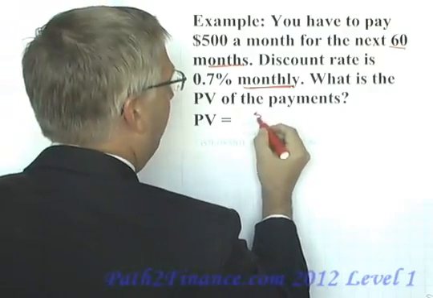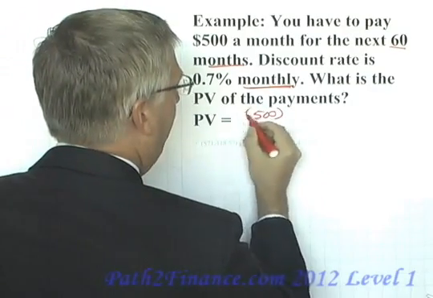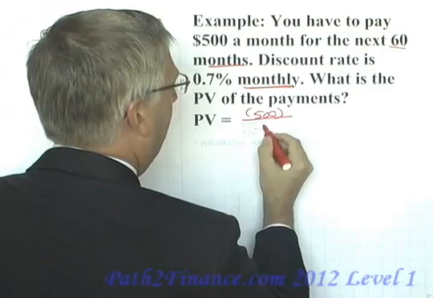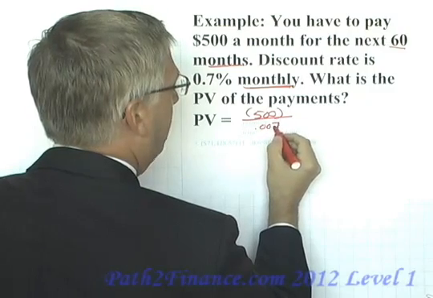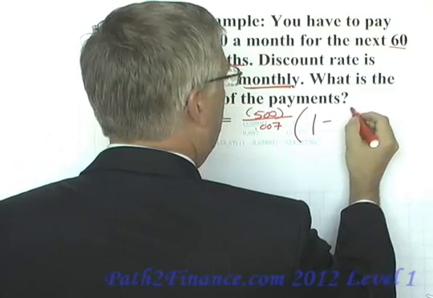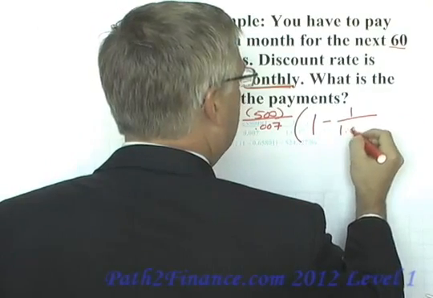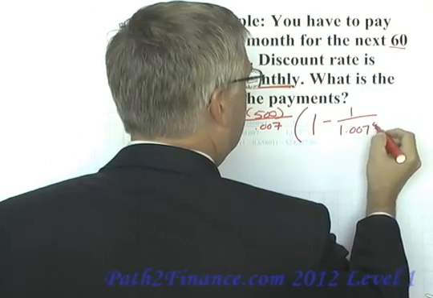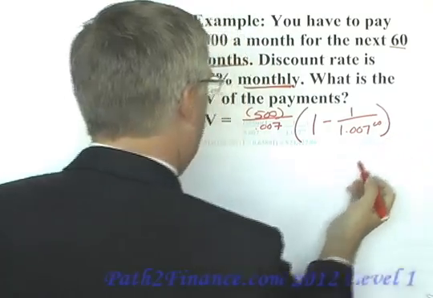So we would have the 500, they're negative, so I'm going to use brackets there, divided by the discount rate of 0.007, times 1 minus 1 over 1.007 to the 60th power. Okay?